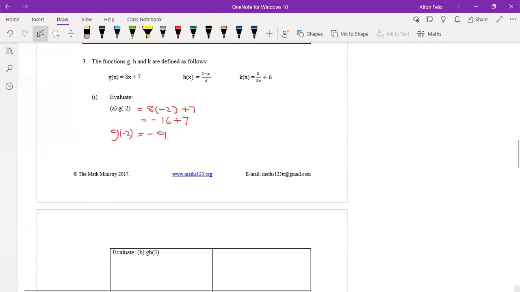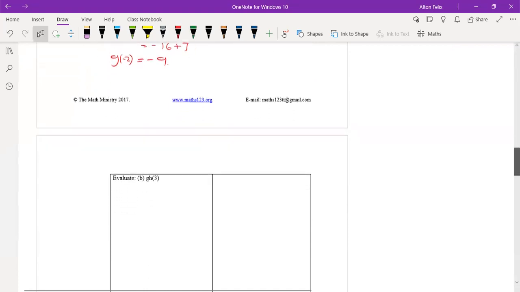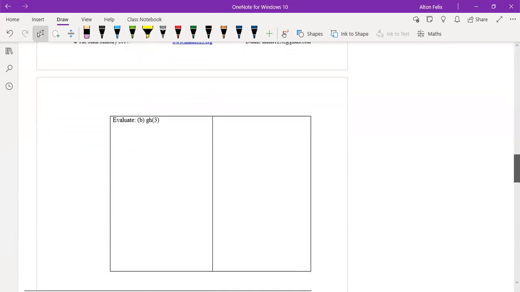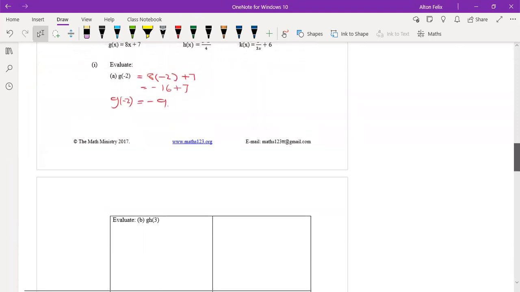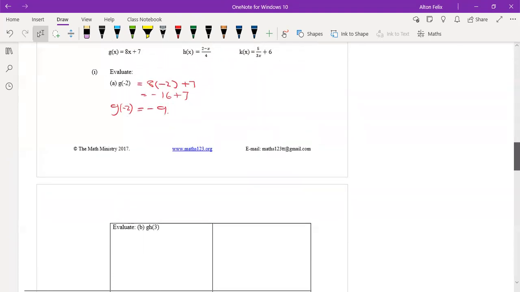Let's go to the second part of this. We are asked to find gh of 3. So let's recall what our h of x is, 2 minus x. Let's write these two functions here.